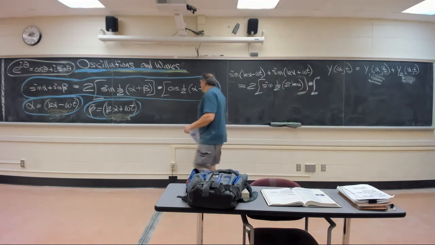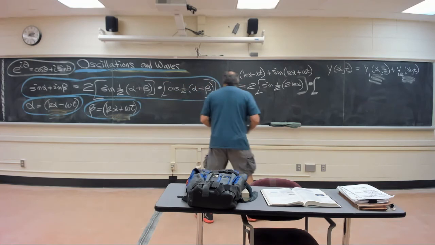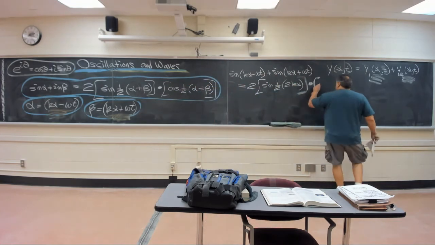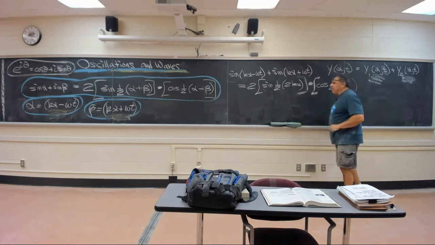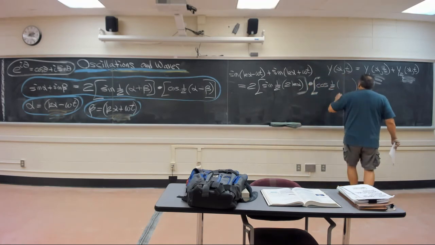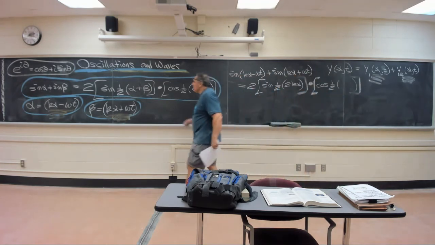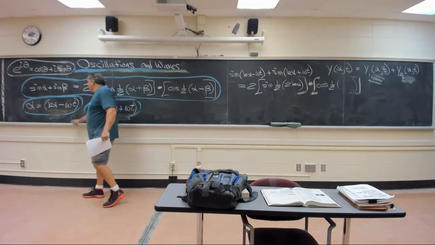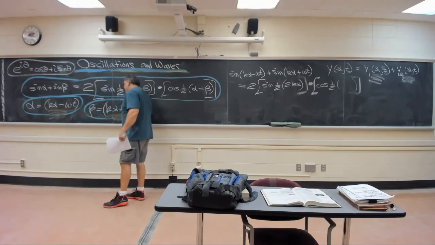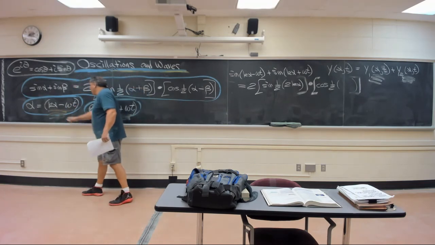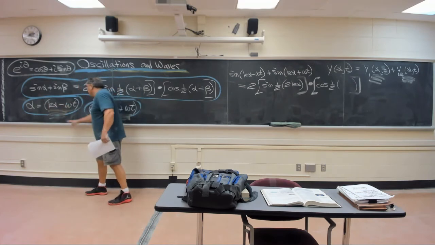And the other one is cosine, a half times alpha minus beta. Alpha minus beta. Here's alpha. Here's beta. Kx, alpha minus beta.